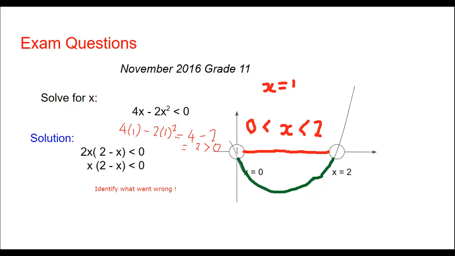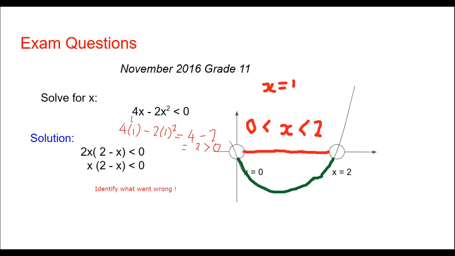So here we drew our points. We didn't include 0 and 2. They're not included. Then we draw a curve. We looked at the inequality sign, it was less than 0, means it's beneath the x-axis. We drew it in green. And then the red line represents the x values. Now what went wrong here?